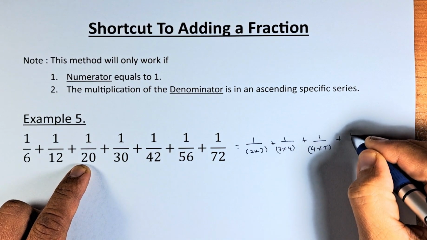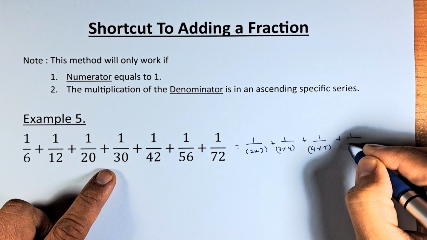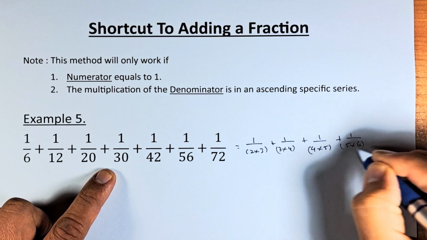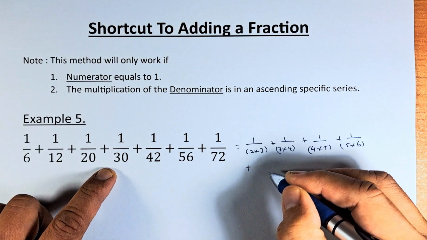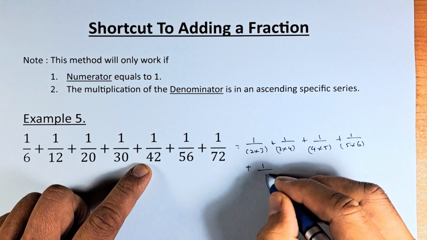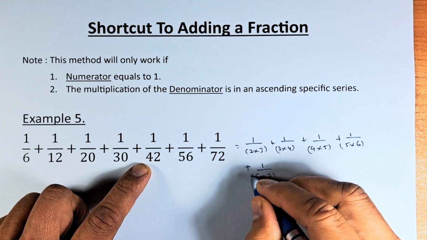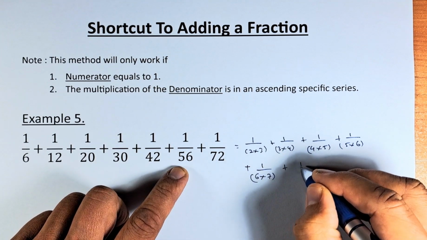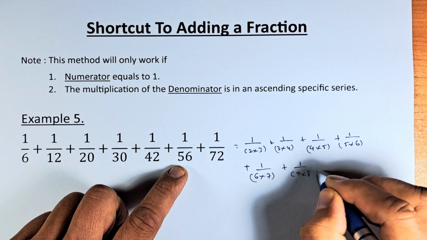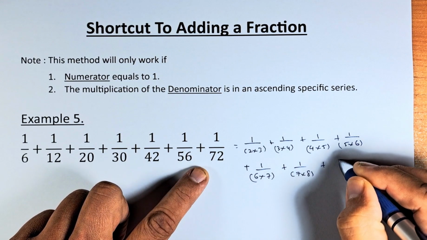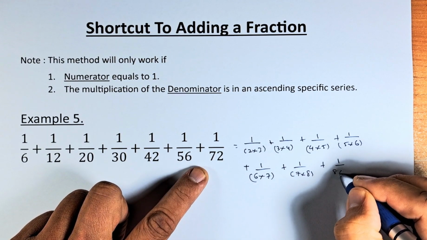For 30 it is 1 over 5 times 6. Now we're going to go down because there's not enough space. 42 is going to be 1 over 6 times 7. And then 1 over 56 is going to be 1 over 7 times 8. And then we're going to do the last one. 72 is 1 over 8 times 9.